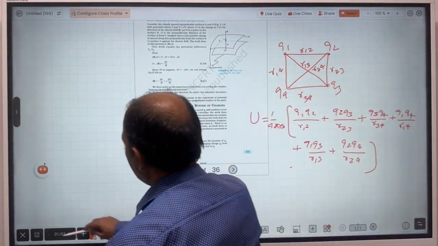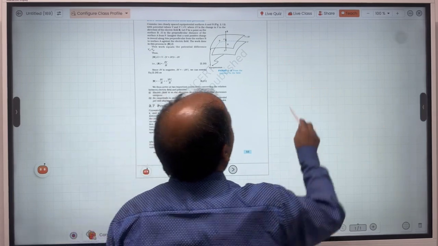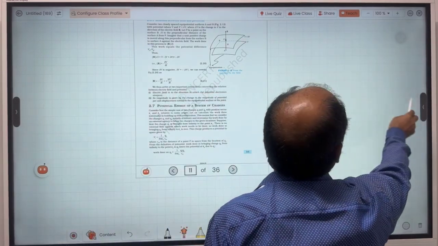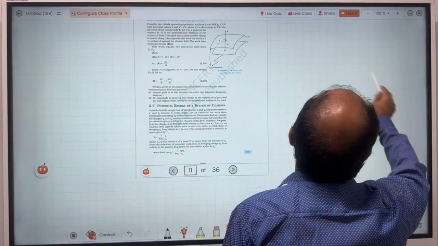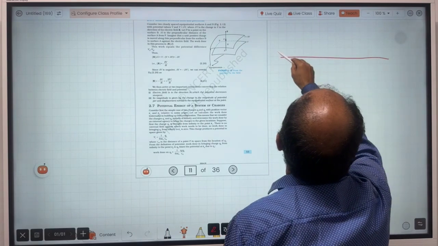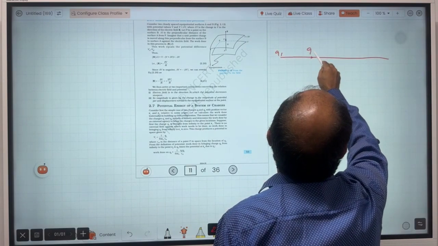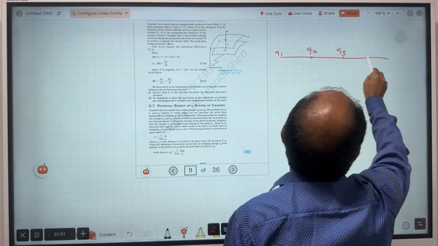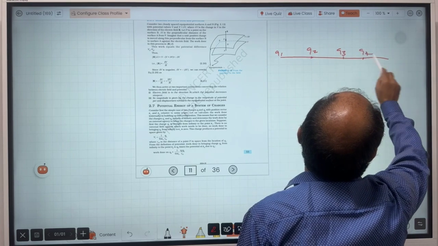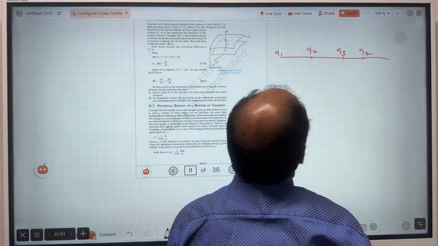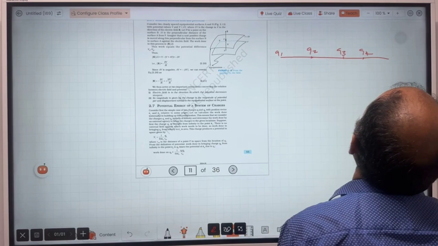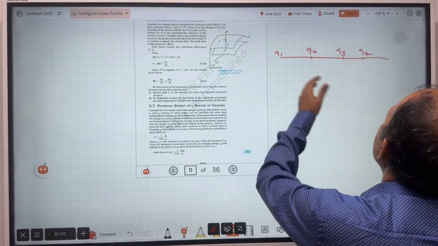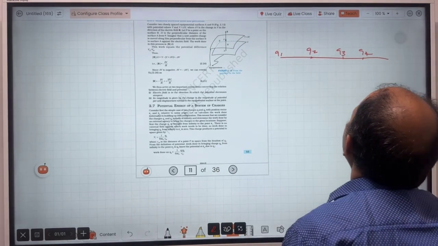That situation we can see, although such questions are never asked. Suppose charge Q1 is here, then Q2 is here, then Q3 is here, then Q4 is here. Then how to find potential energy? All interactions can be considered separately.